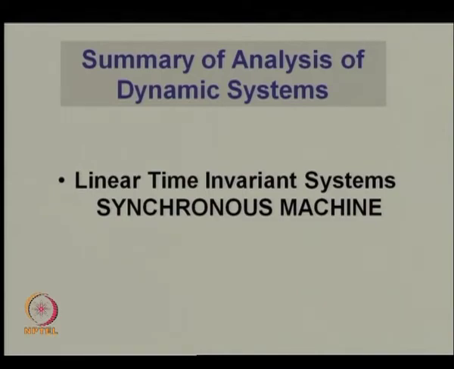The differential equations which come out when analyzing a synchronous machine are linear time variant, and we shall be using a very powerful transformation of variables in order to derive a time invariant system from the time variant system. This is something we are yet to come to; it is just a curtain raiser to what is to come.